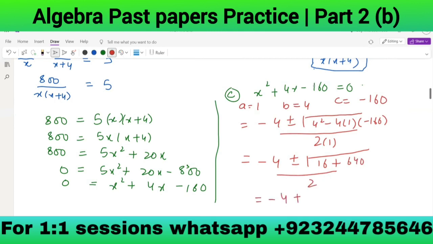Minus 4 plus minus square root of 640 plus 16, square root of 656, divided by 2. So you will get the two answers, one from positive and one from negative. So what are the answers? It should be 10.81 and it should be minus 14.81.